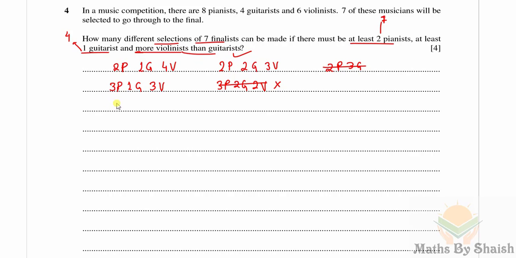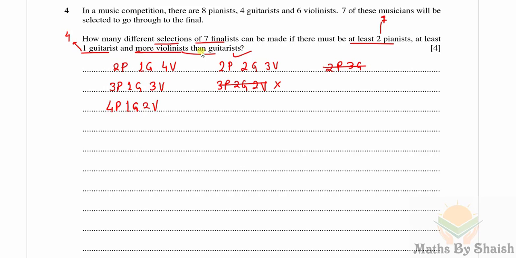For the next one, if we choose 4 pianists and 1 guitarist, 4 plus 1 is 5, 2 finalists are left, so we can choose 2 violinists, and that is satisfying. But for 4 pianists and 2 guitarists, it would not be satisfying.